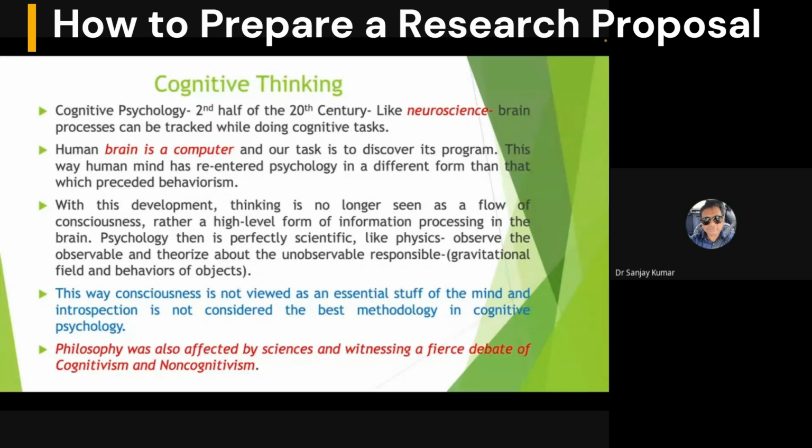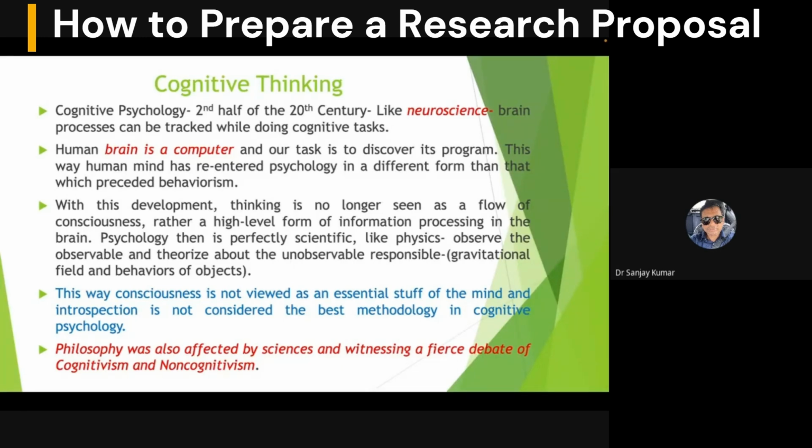Means with the help of neuroscience devices, we can actually understand how the brain is taking inputs, how the brain is processing it, and how the brain is showing us outputs. Means how the brain is actually doing critical thinking, or how a computer is doing some sort of inferences or anumana. Okay, so the human brain is a computer and our task is to discover its program.